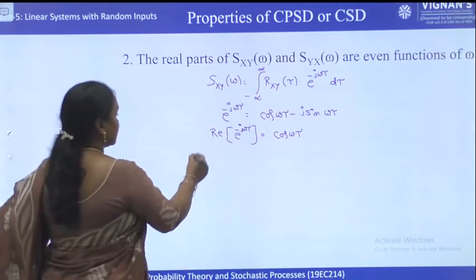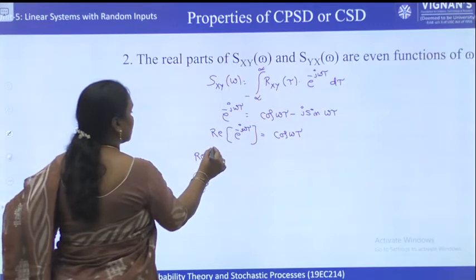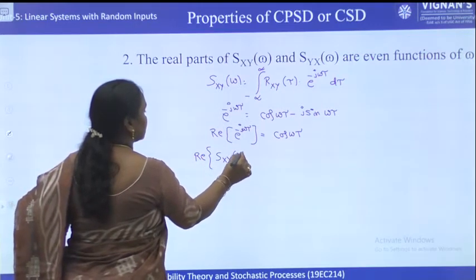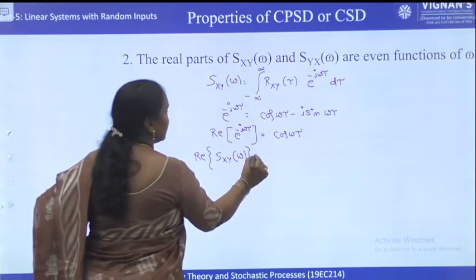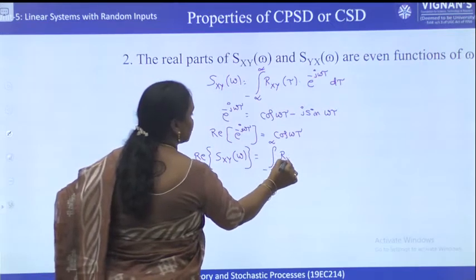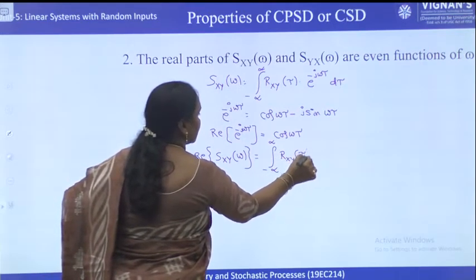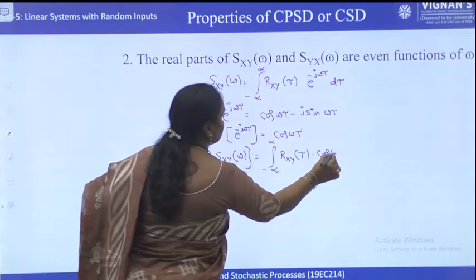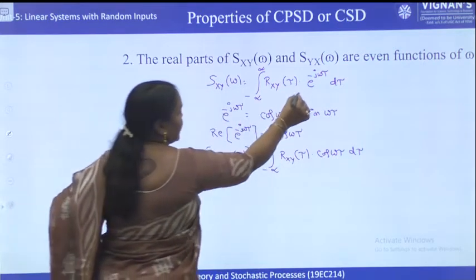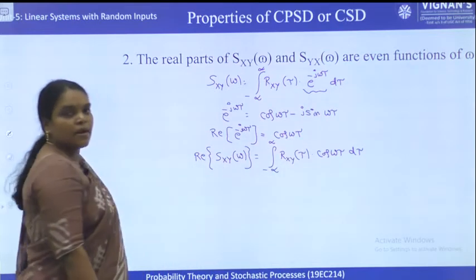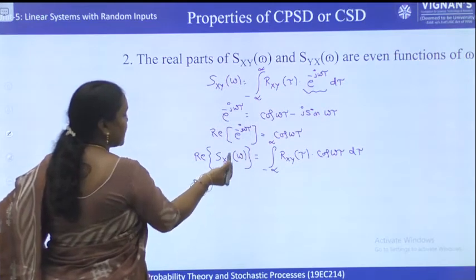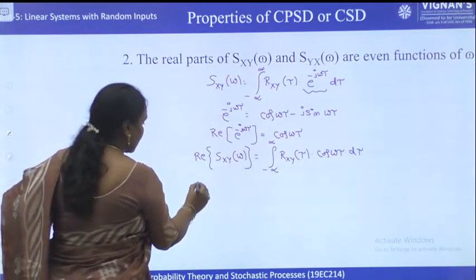Now, let us take the real part of Sxy of omega. So, this is equal to integral minus infinity to infinity r xy of tau into cos omega tau d tau, because the real part of e power minus j omega tau is cos omega tau. Now, if I take minus omega in the place of omega, what happens?